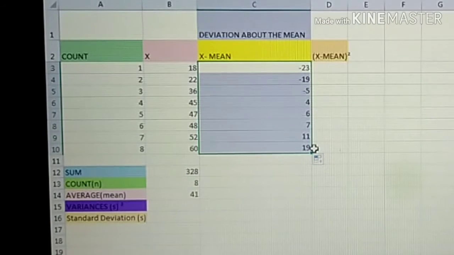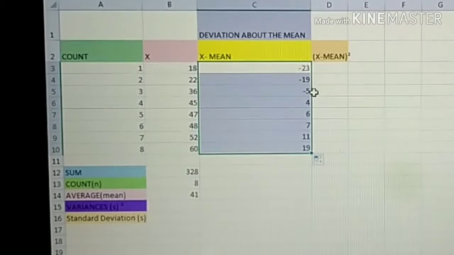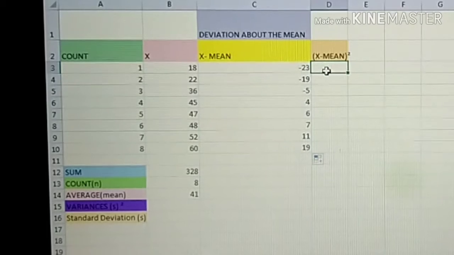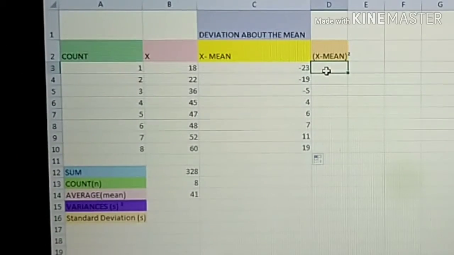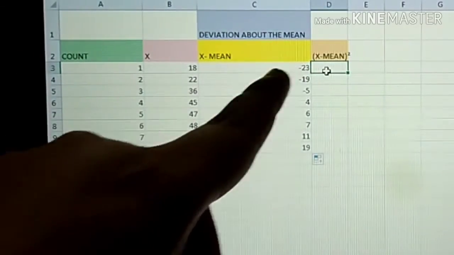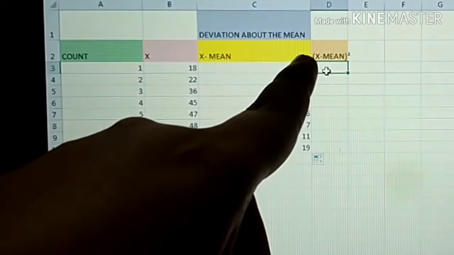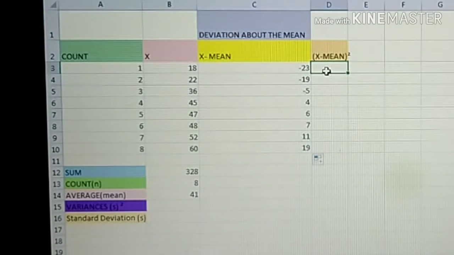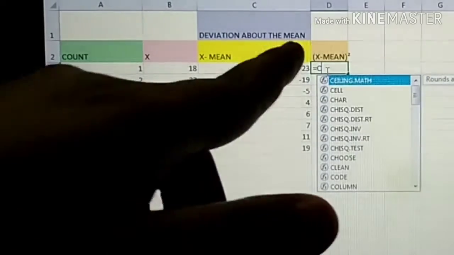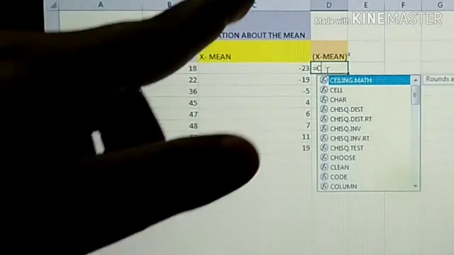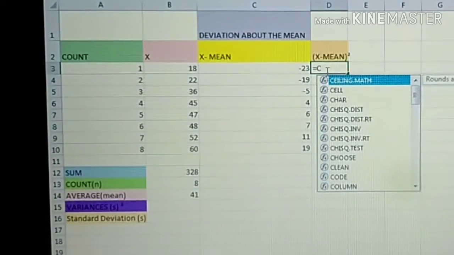So, how can we get the x minus mean squared? To get that, we will input the C3. That would be negative 23, C data, then the count 3. So, this formula is equals C, letter C, then 3.